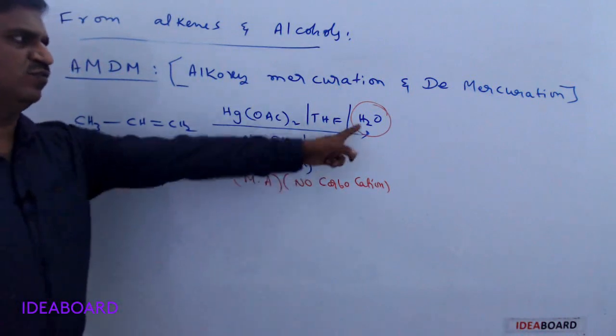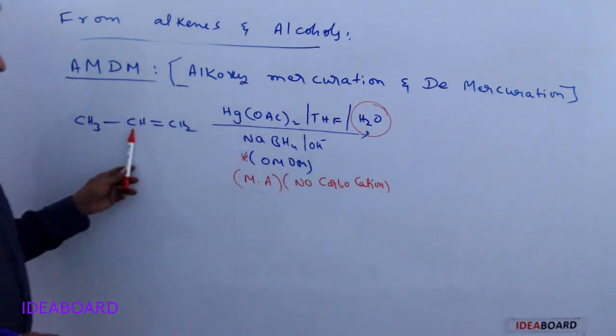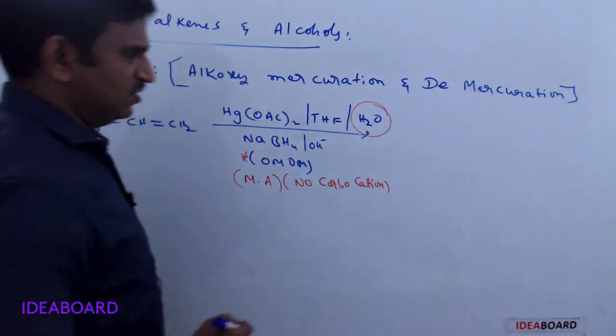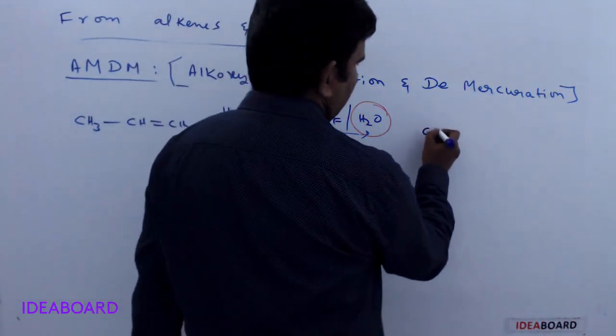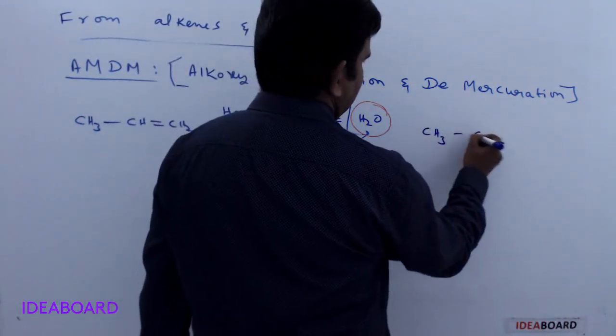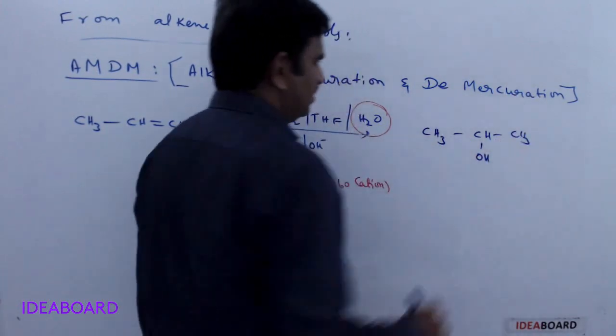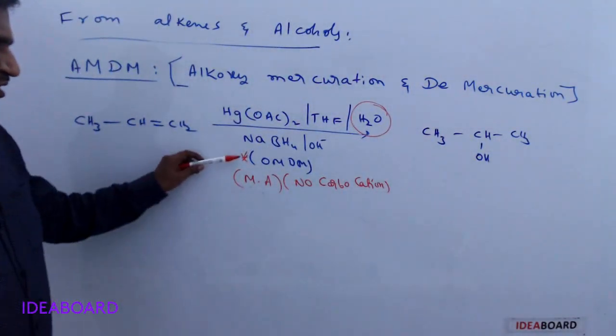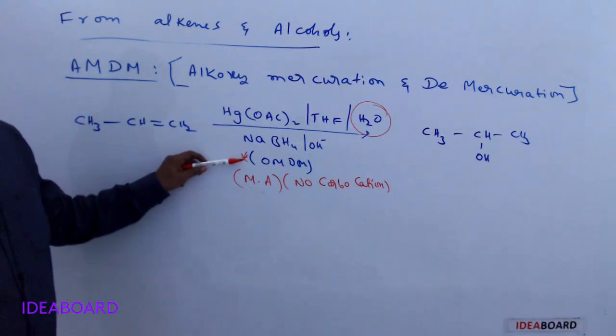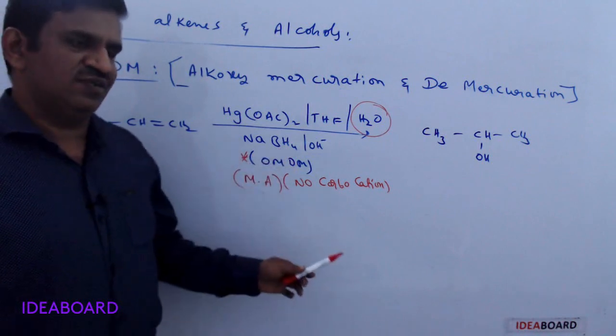Markovnikov addition means the OH minus negative part is added to the less hydrogen containing carbon. So what is formed finally is CH3, CH, OH and CH3 as per the oxymercuration demercuration process. Please remember, it is oxymercuration demercuration.